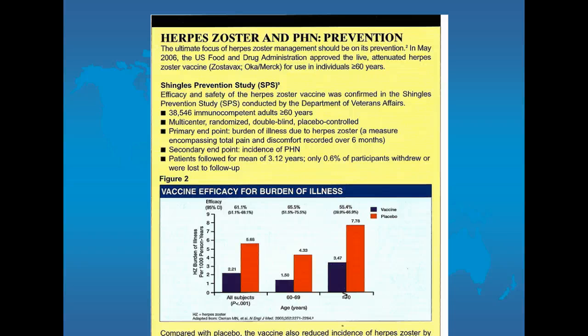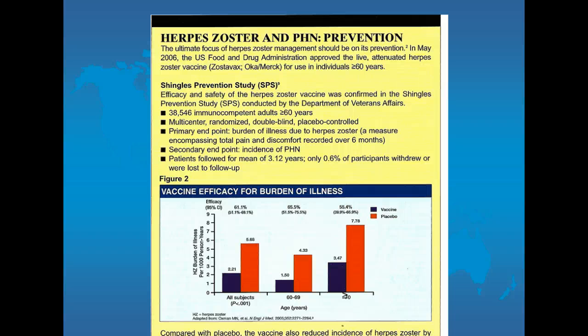The other reason I love the varicella vaccine is if you get the varicella vaccine and you have the 2 shots of it, you are not going to ever get shingles because you're never going to have the varicella virus in your body that will cause herpes zoster as an adult. And that is so nice.